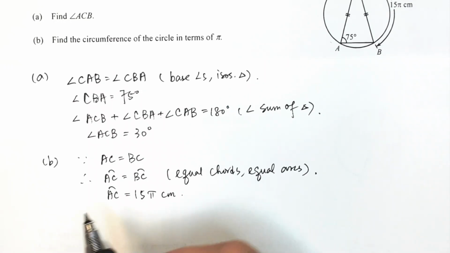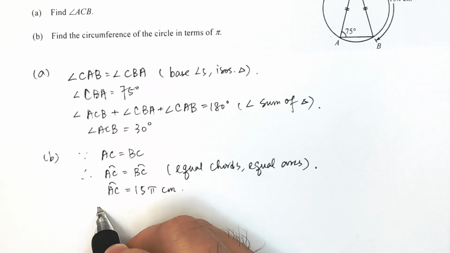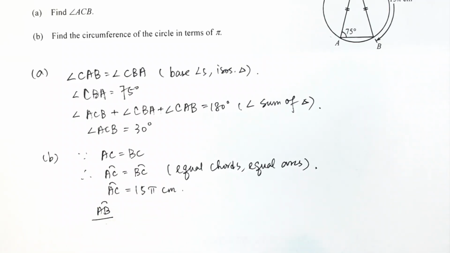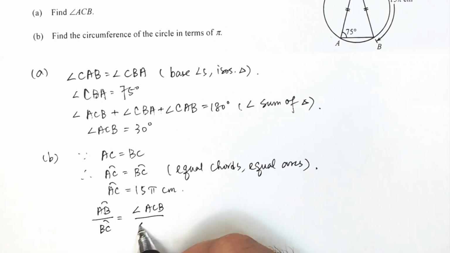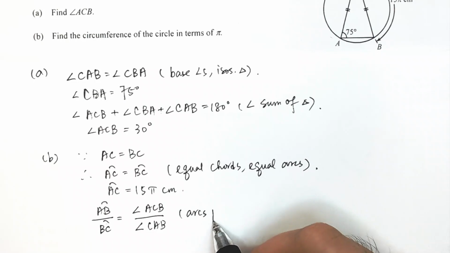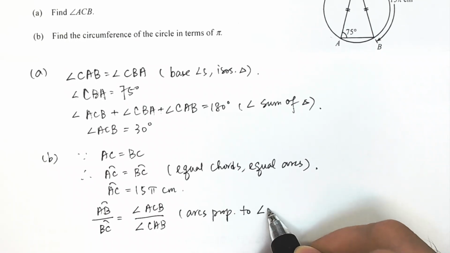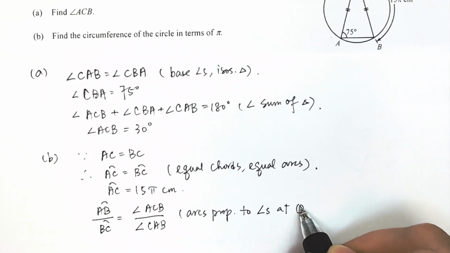And next, we should find the arc length of AB, with, say, the arc length of AC or BC, it is up to you. The arc length of AB over the arc length of BC is the same as angle ACB over angle CAB. And the reference is arcs proportional to angle at the circumference.